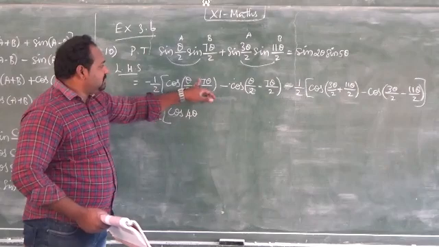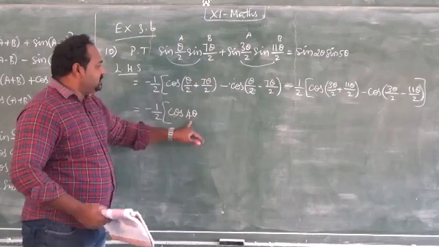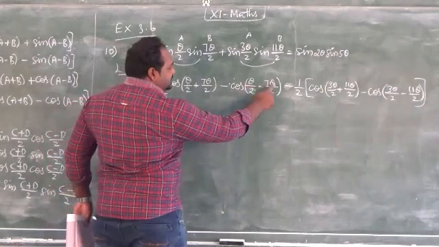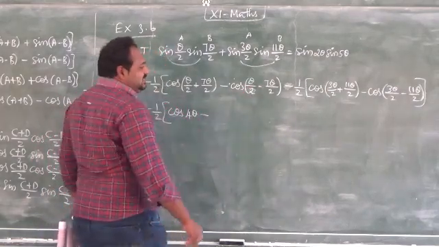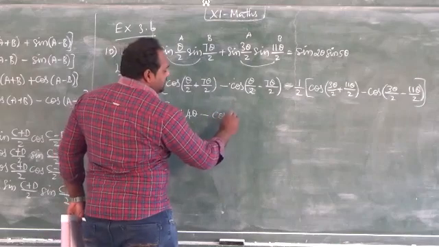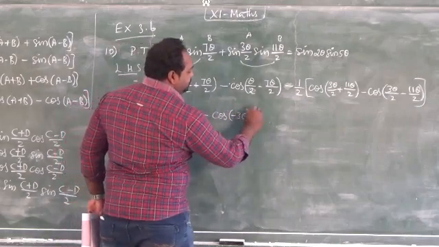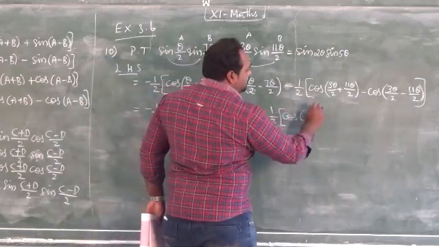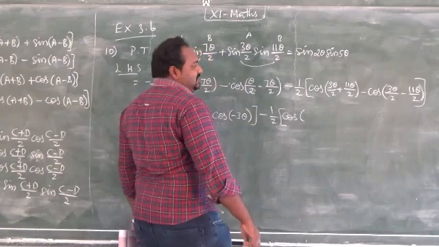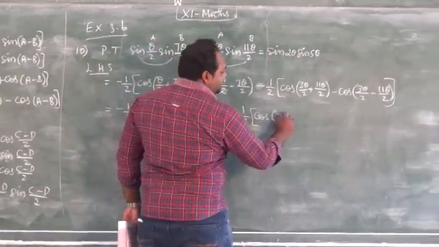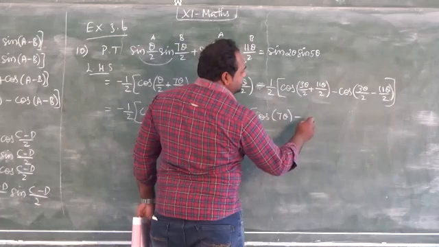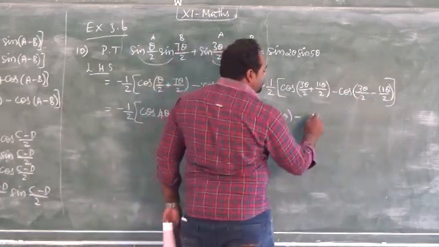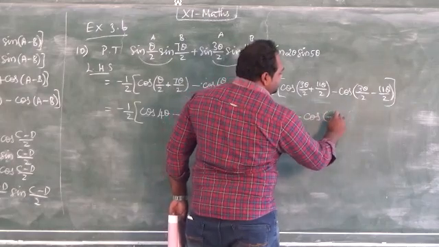Add the numerators, theta plus 7 theta, 8 theta by 2 is 4 theta, minus theta minus 7 theta, it's minus 6 theta by 2, it is minus 3 theta. Minus 1 by 2 cos 3 theta plus 11 theta, it's 14 theta by 2 is 7 theta, minus 3 theta minus 11 theta is minus 8 theta by 2, it is cos of minus 4 theta.